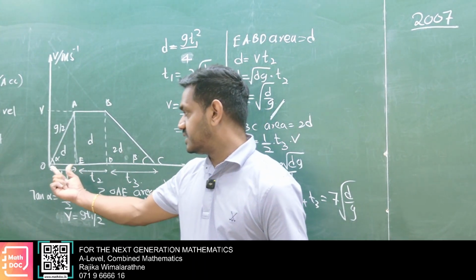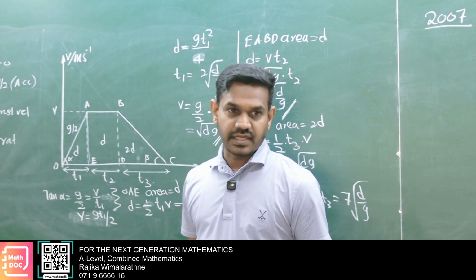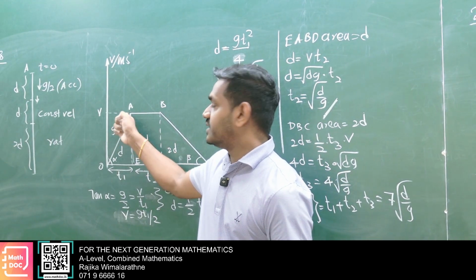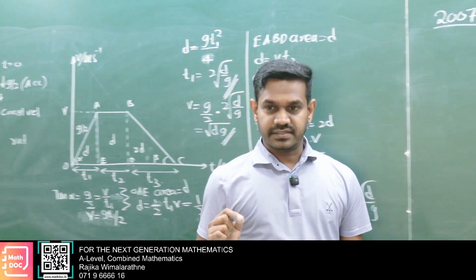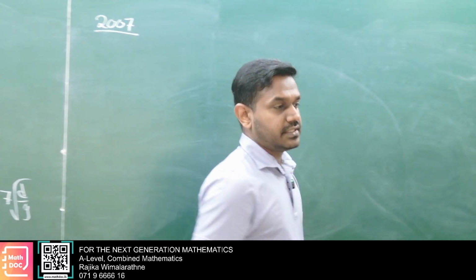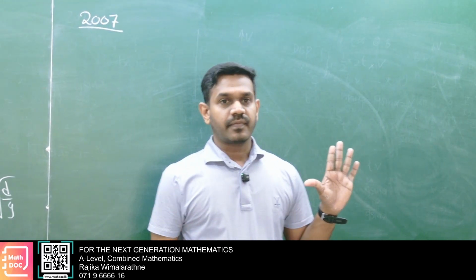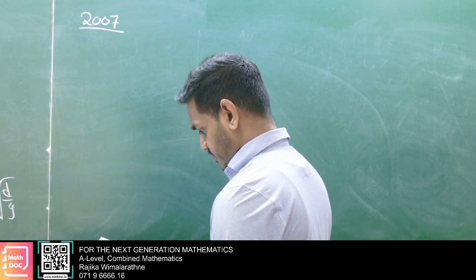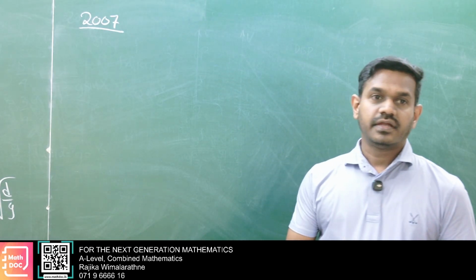Therefore, you take time durations t1, t2, t3. Then take the instantaneous velocity v. Usually we mark time durations and instantaneous velocities. First you mark the unknowns.